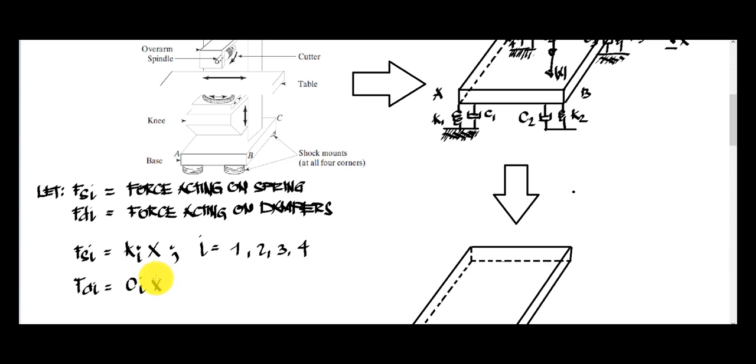Let's say this is now the velocity, so multiply by the velocity. Then we have your i, the numbers 1, 2, 3, and 4.